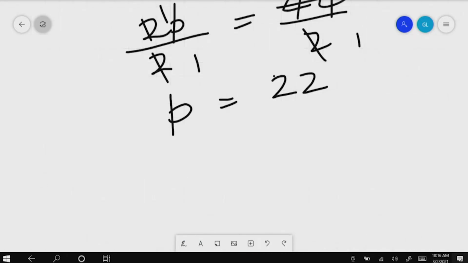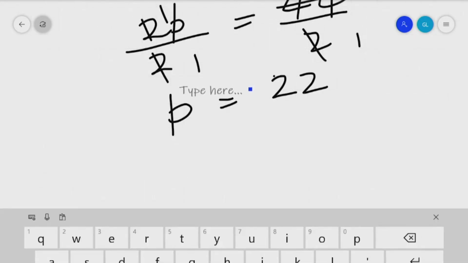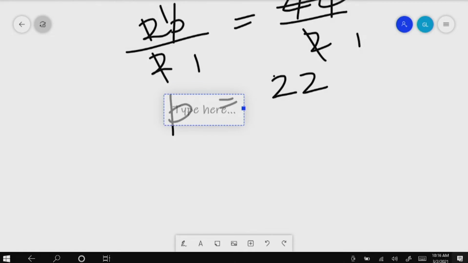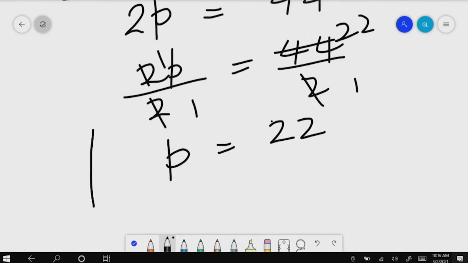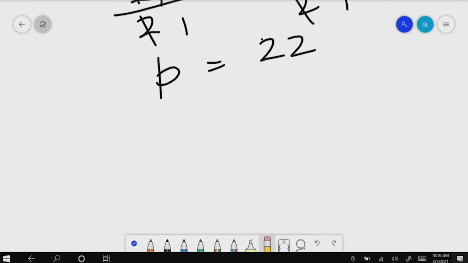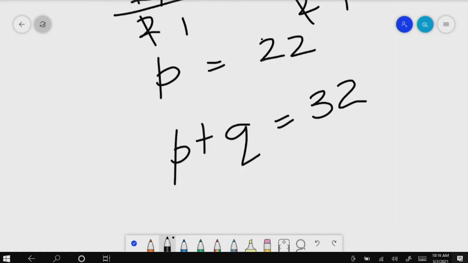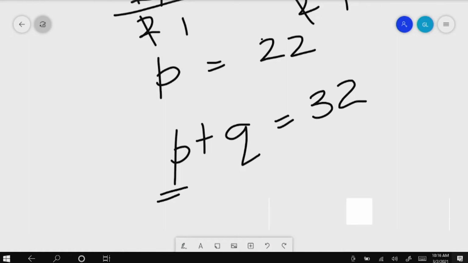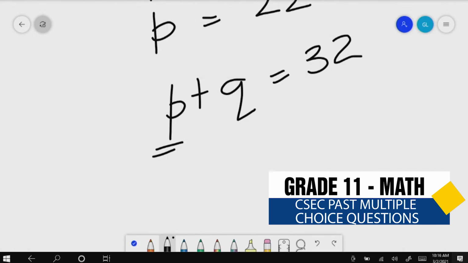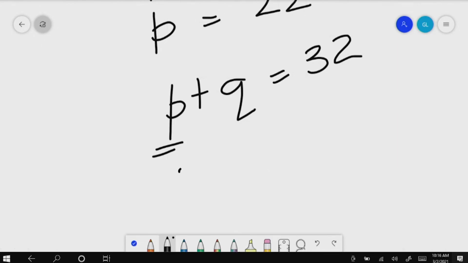In substituting the value of P to find the value of Q to make that comparison, we could see that if P plus Q is equal to 32, and we know the value of P is 22, by substitution we would have 22 plus Q equals 32.